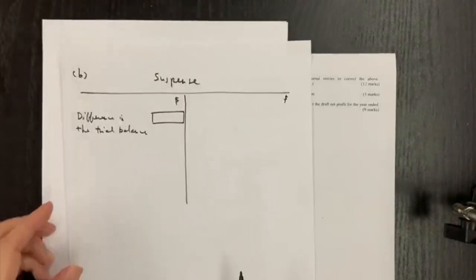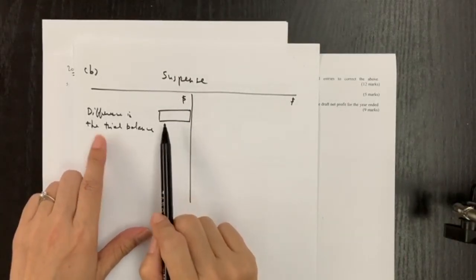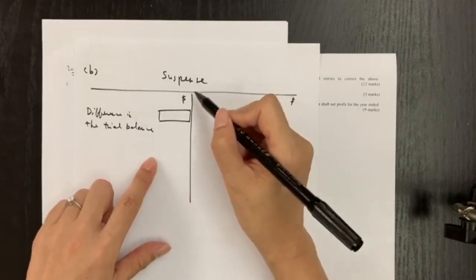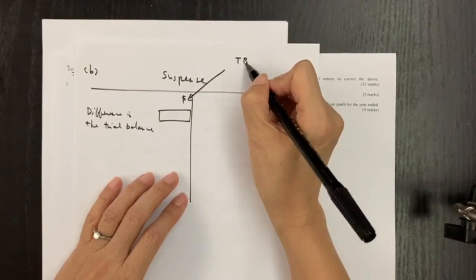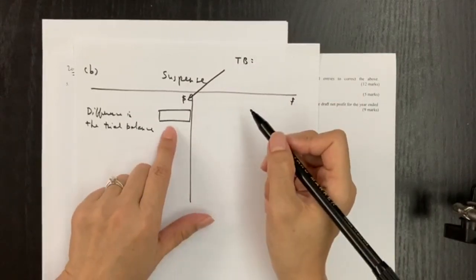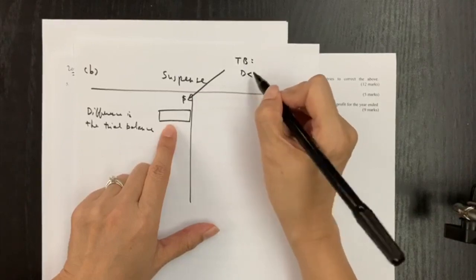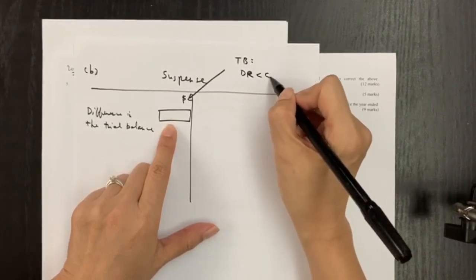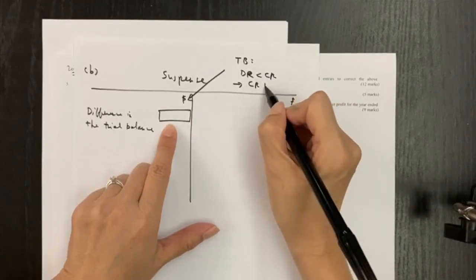So we have the suspense account added on the debit side. What is the meaning of that? That means in the trial balance, we always add on the smaller side, and now the debit side is smaller than the credit side. That means in the trial balance, we have a credit balance.